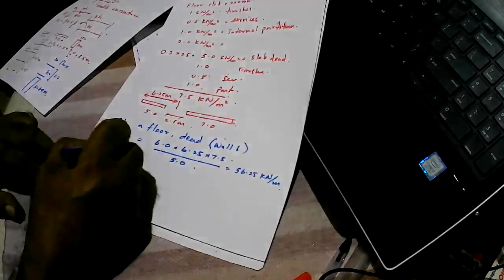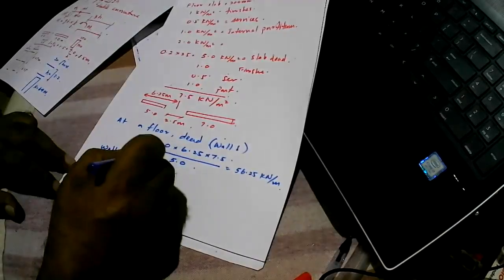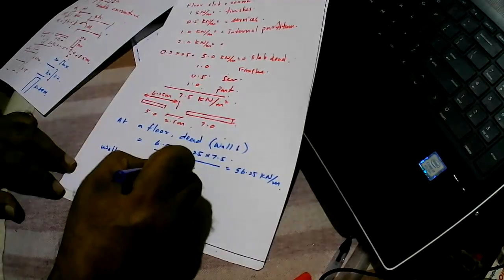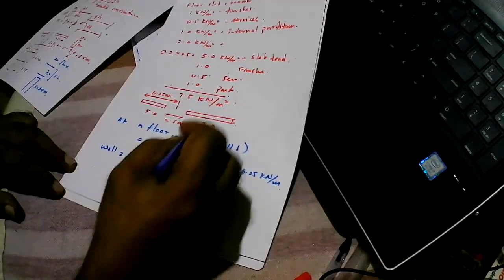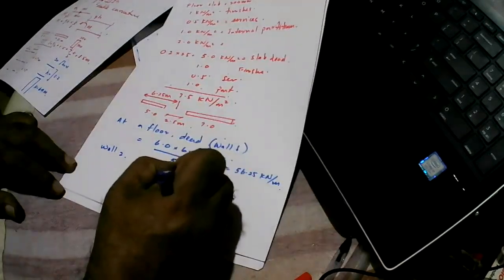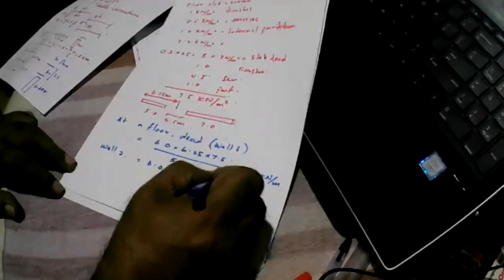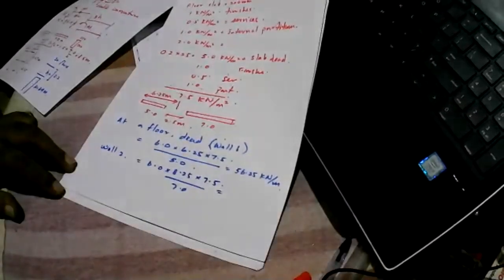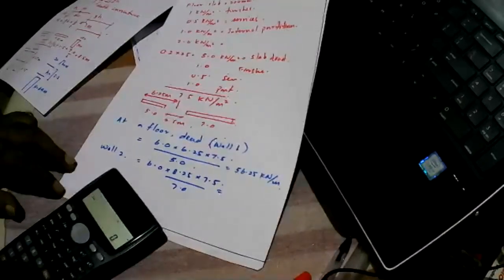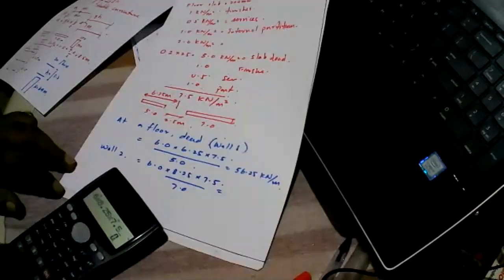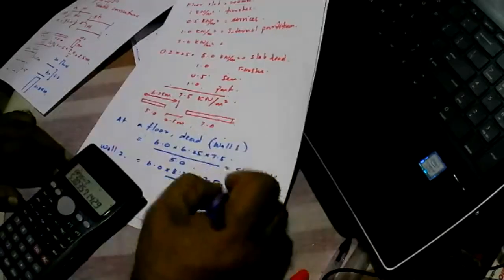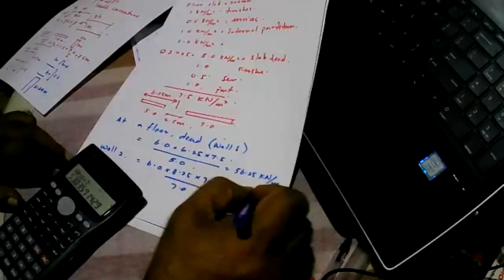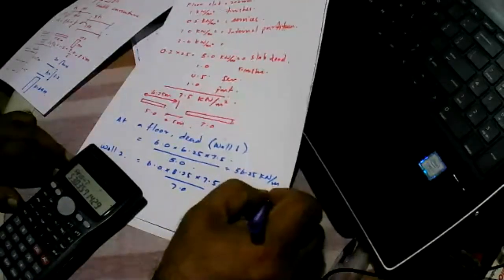And on wall 2, we get 6 into 8.25 multiplied by 7.5 divided by 7, which gives 53 kilonewtons per meter.